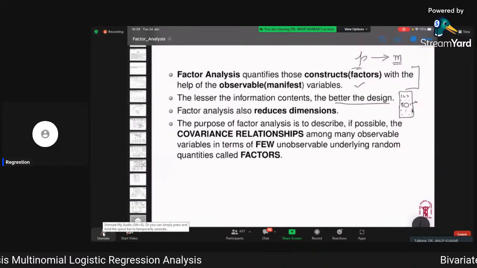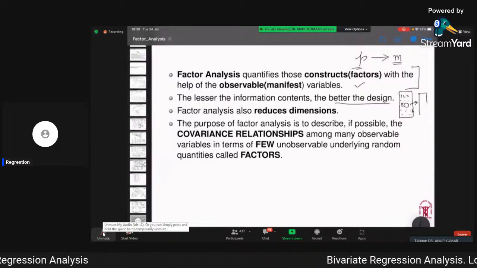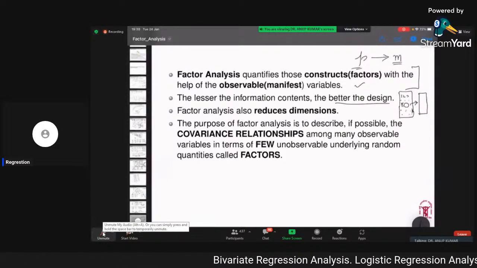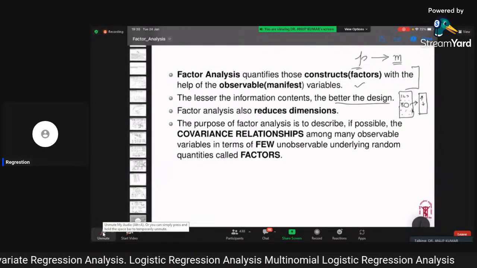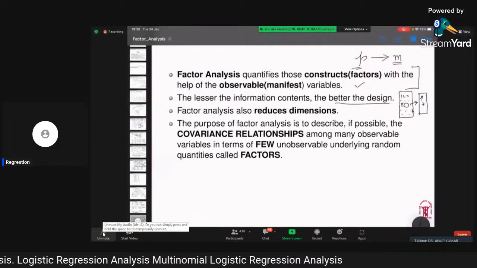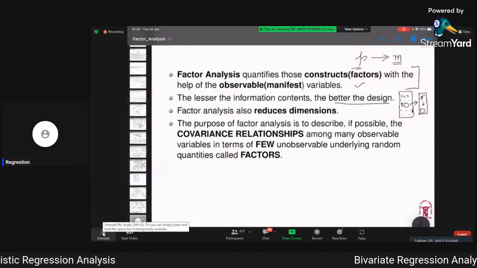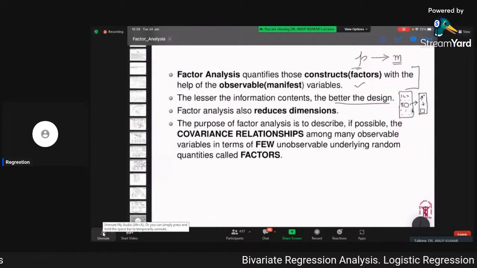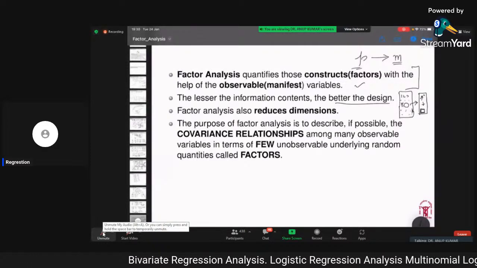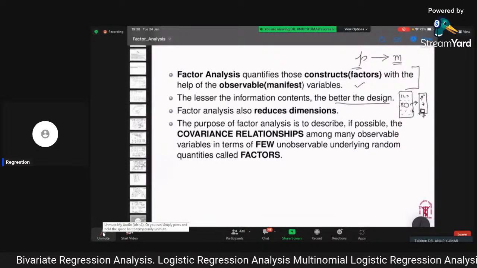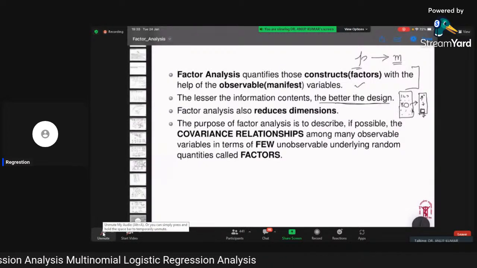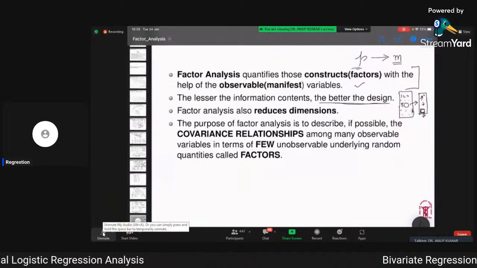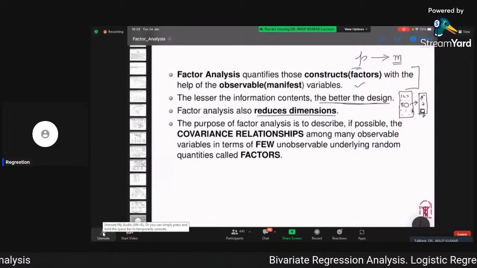What this is trying to do is convert it into a smaller dimensional remote, in which there is one button by which you can increase or decrease the volume, one by which you can change the channel, one by which you can switch the TV on and off, and one more button by which you can move to various portals of the channel. So the lesser the information content, the better the design. For this also, factor analysis is very important. So factor analysis is also used for dimension reduction.